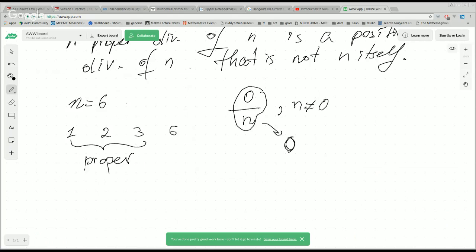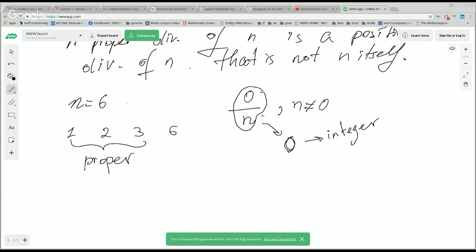So what kind of number is 0? This is an integer. Now what did we say? We said when we take an integer and divide it by another integer, if the result is an integer, the denominator here is a divisor of the numerator. Now we took 0, we divided by n, and we got 0, which is an integer. So what does this tell me about n? This tells me that n is a divisor of 0.